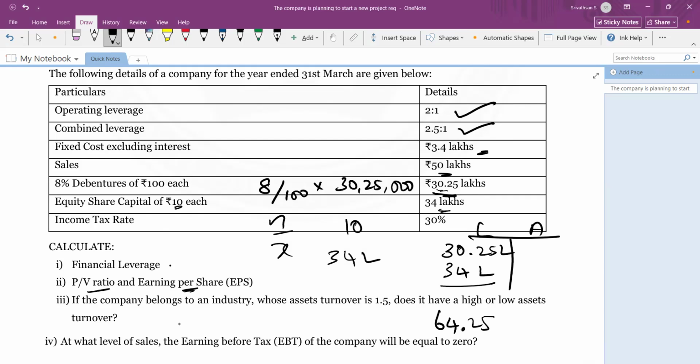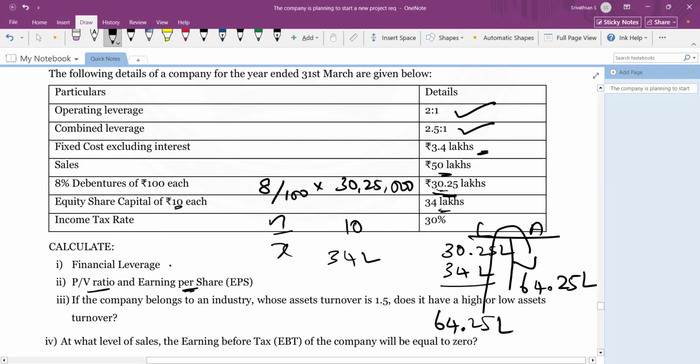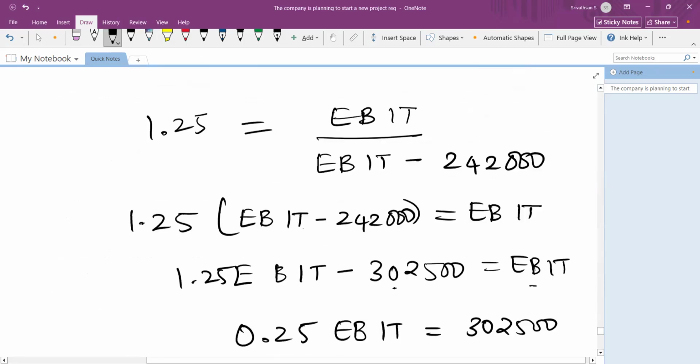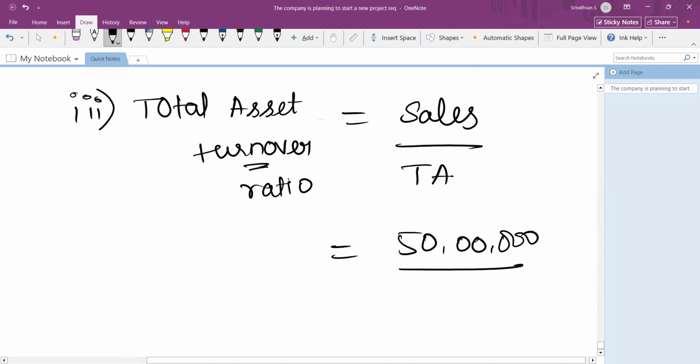This is the total amount of finance the company has raised, and this will be invested in the assets of the company. So the total asset of the company is 64.25 lakhs. The total sales is 50 lakh rupees and total asset is 64 lakh 25,000. So what is the total asset turnover?